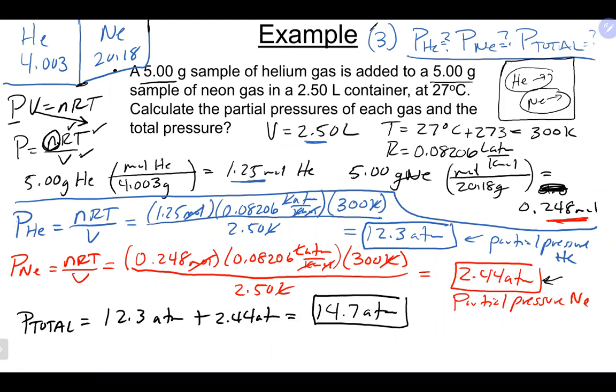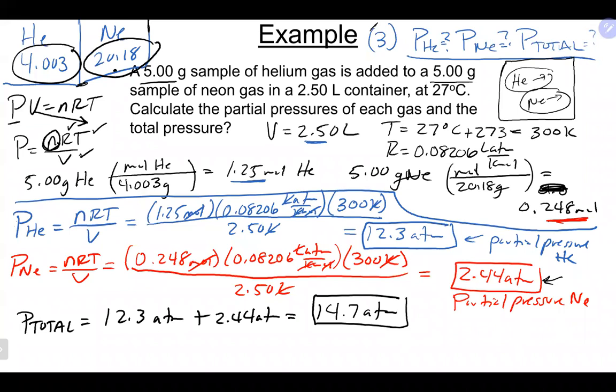The major contributor to pressure here is which one? Which one's causing more pressure? Which one has the greater partial pressure? Helium, yeah, it's got 12.3 atmospheres versus 2.44 atmospheres. So the one that's causing the most pressure here is the helium in that mixture, followed by the neon. Any ideas why that might be? It has to do with these numbers here.